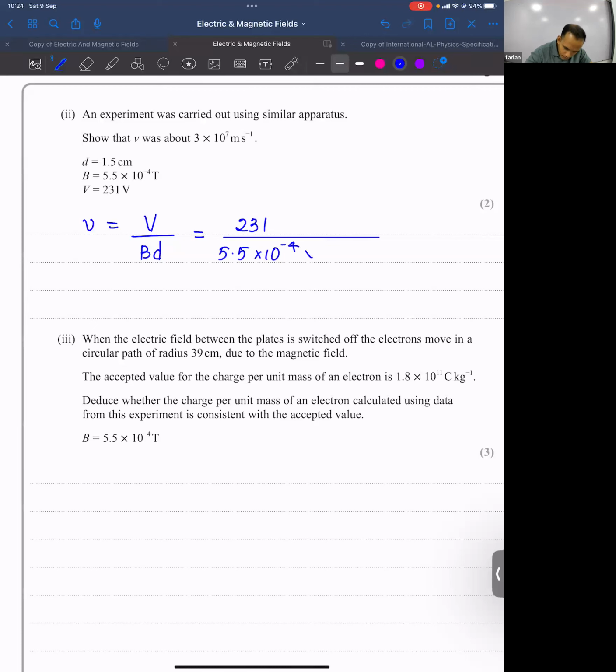D is 1.5 centimeters, which is 1.5 into 10 to the power minus 2 to convert centimeters to meters. Which is 2.8 into 10 to the power 7 meters per second.